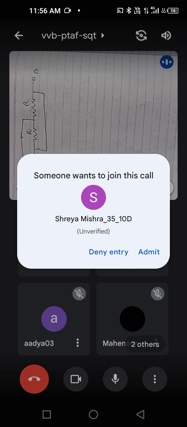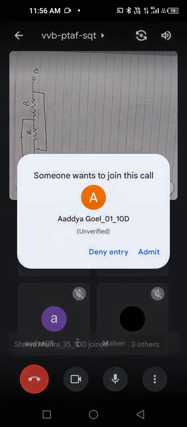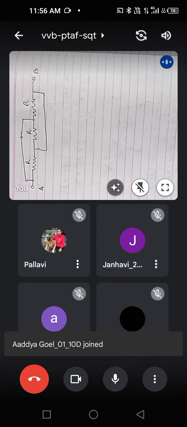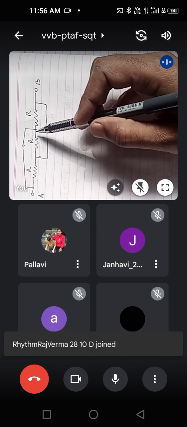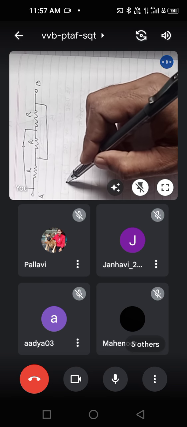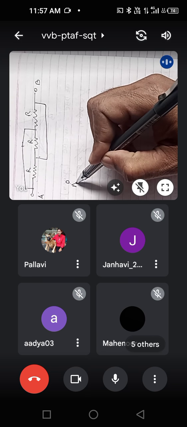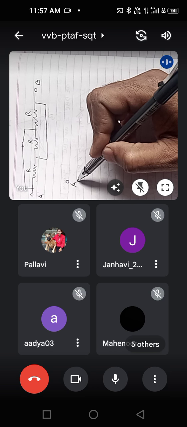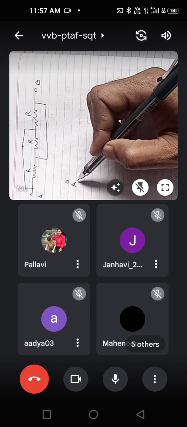Here you see this question, this combination. You start from this point A, right? The equivalent resistance of the circuit can be drawn in this manner.